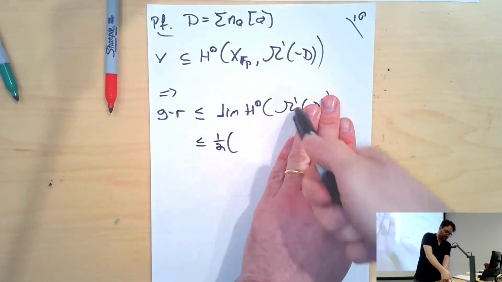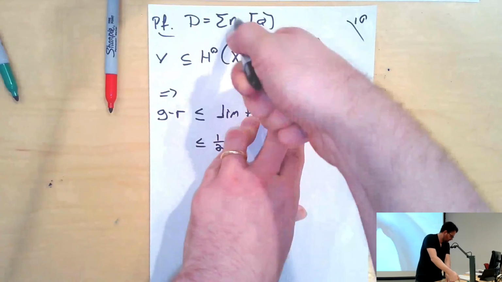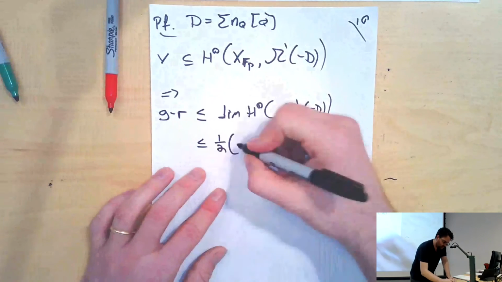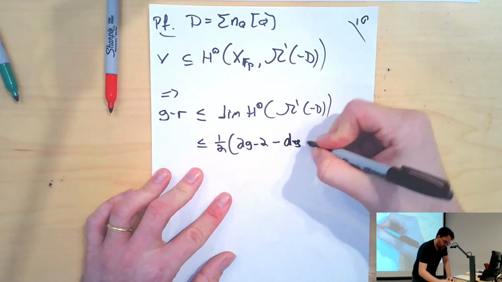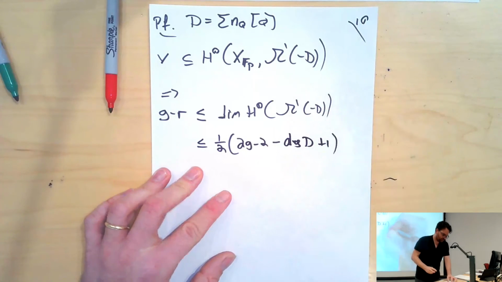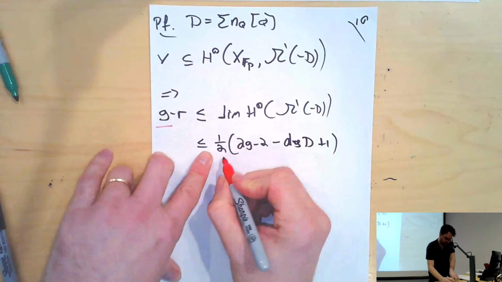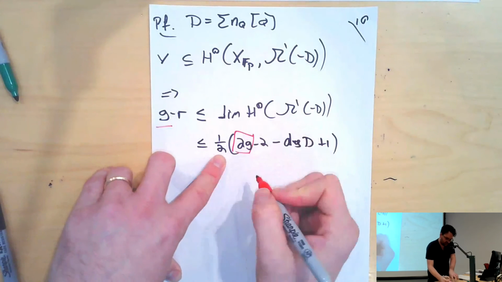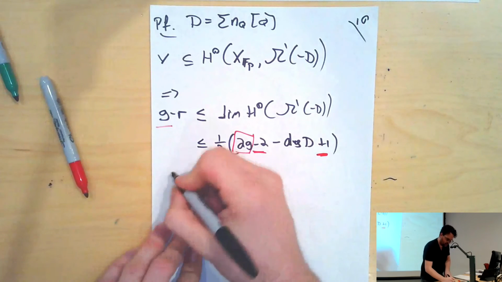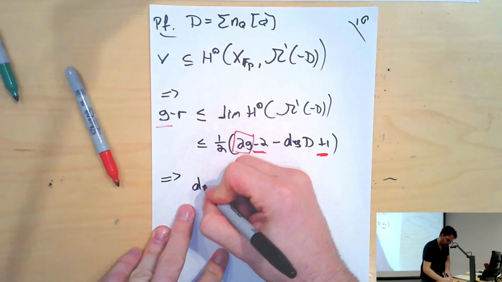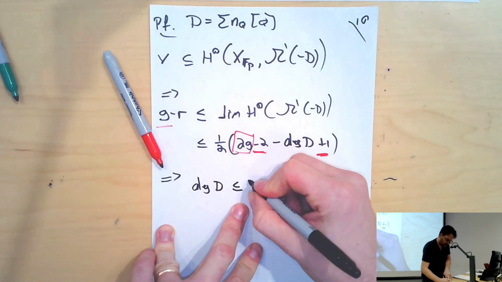The degree of ω is 2g minus 2, and the degree of D is our desired quantity. So this is 2g minus 2 minus the degree of D, plus 1. And then check it out: this g cancels with this g, this cancels with this, and if you collect terms, you get that the degree of D is at most 2r.